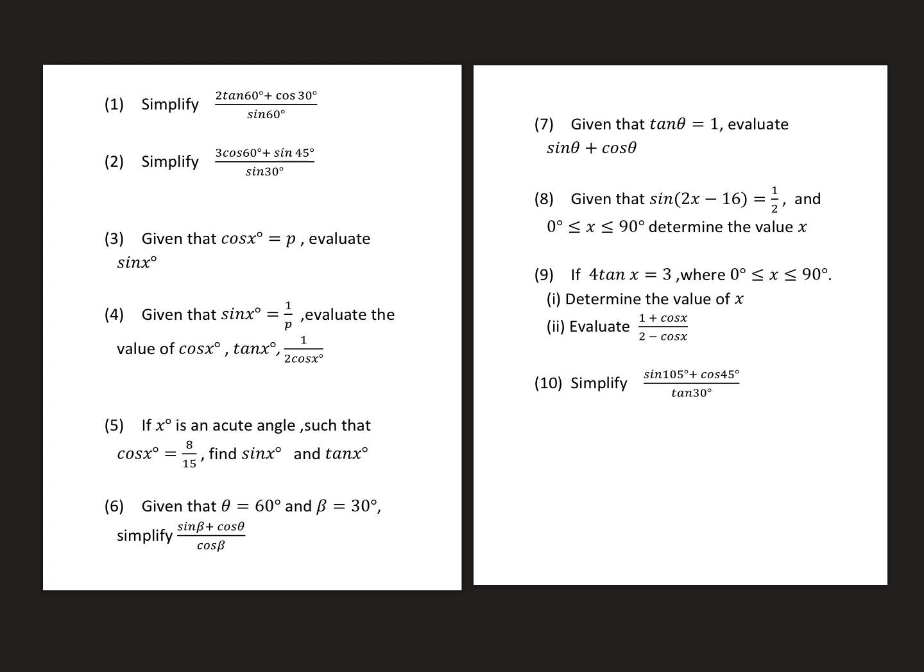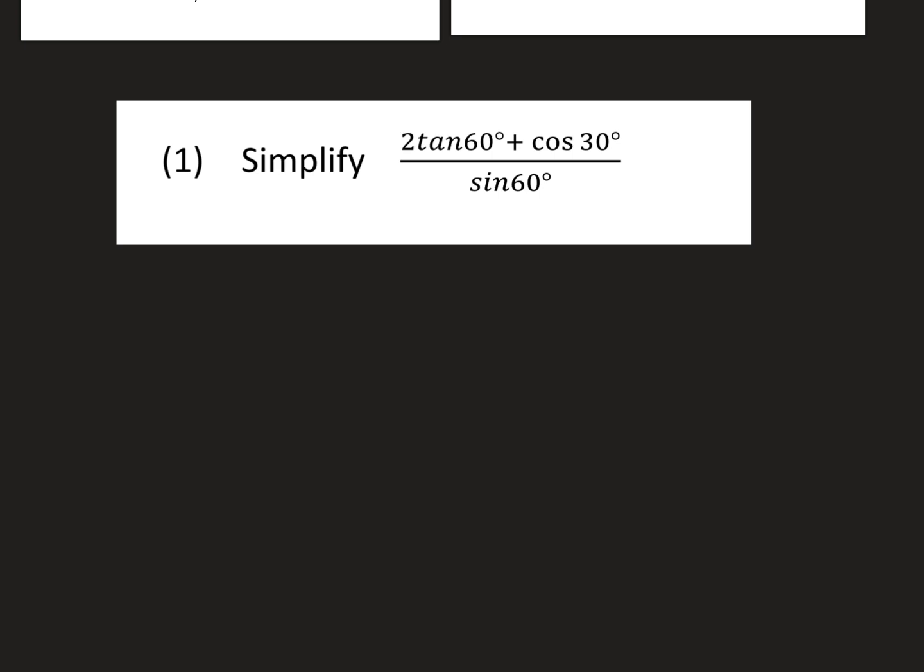Question 1. Simplify 2 tan 60 degrees plus cos 30 degrees, divided by sine 60 degrees. So that is the question here. The angles that we have are 60 degrees and 30 degrees.